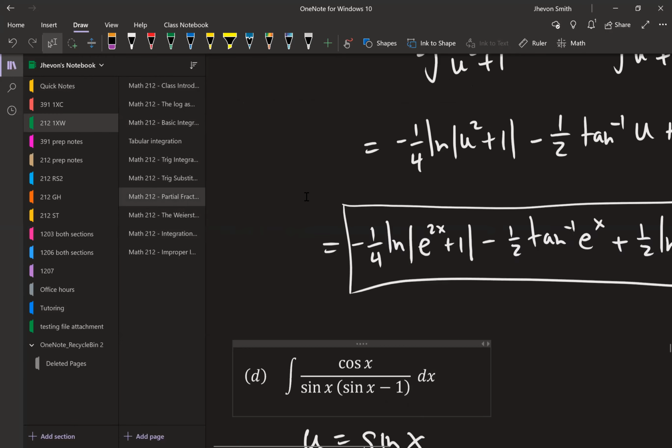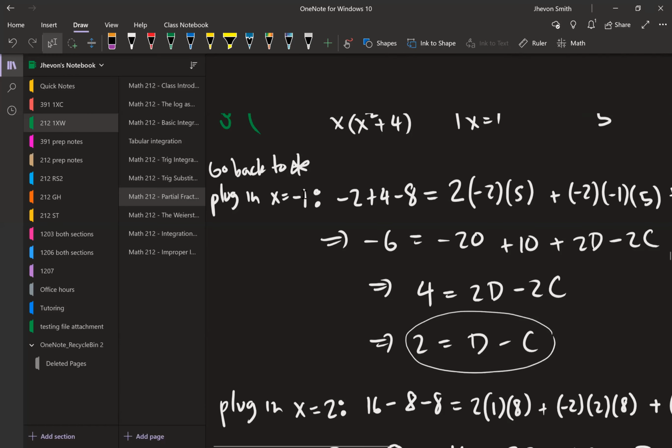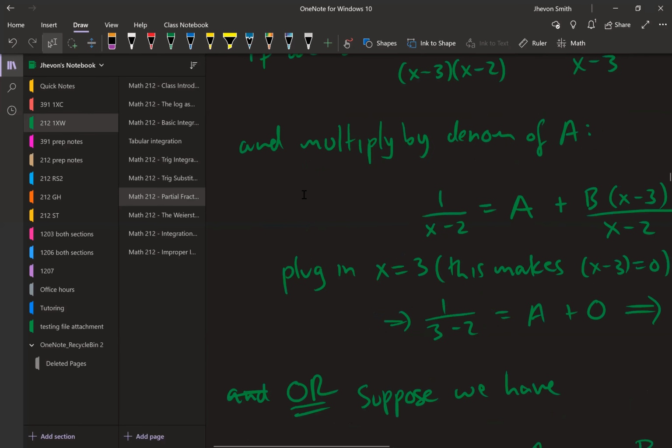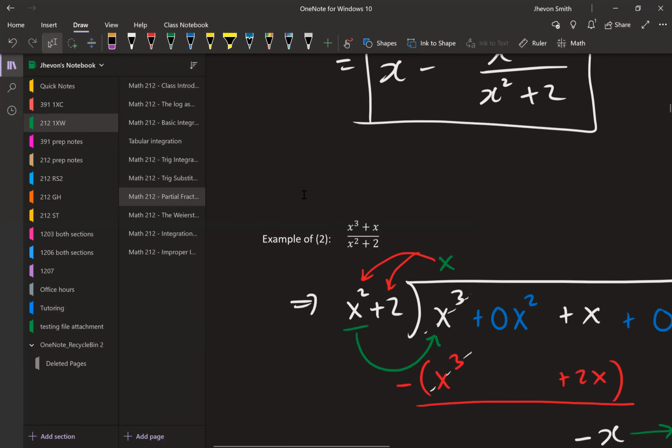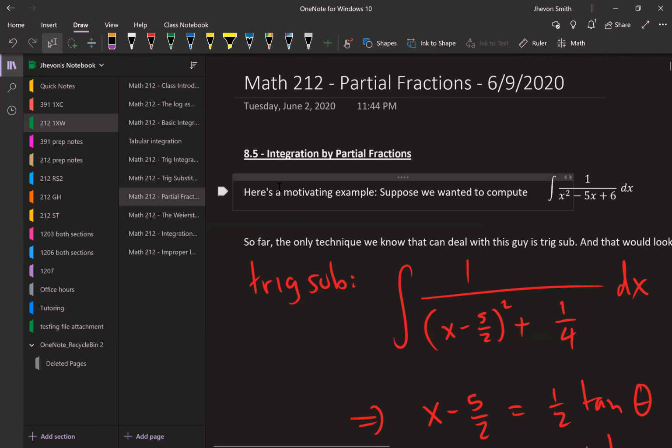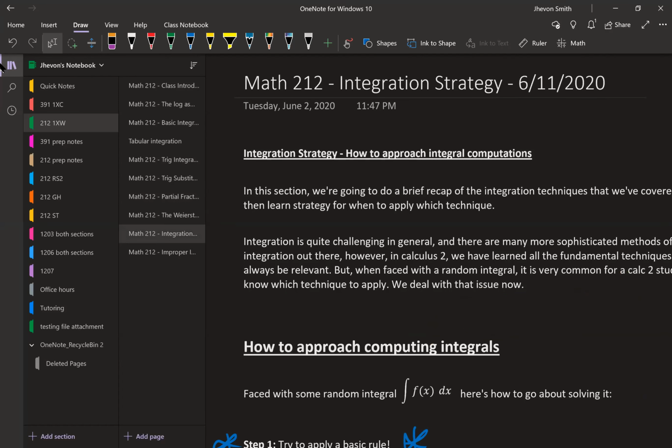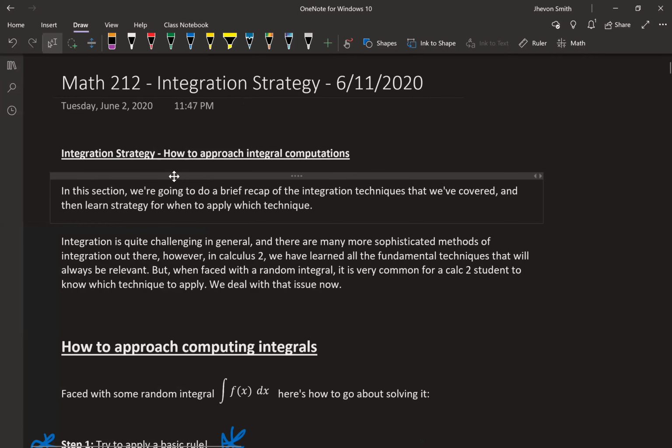The partial fractions was, yeah, so cover everything up to all the basic integral formulas, which I think is 8.5 or 8.6, maybe 8.7. And that should have you prepared. So I don't know if your textbook has a chapter on strategy, but it's important to know strategy. So that's what I just went over with you guys. Yeah, so know everything up to 8.5, it looks like.